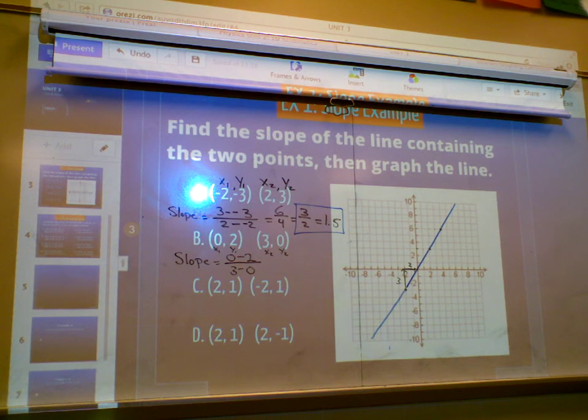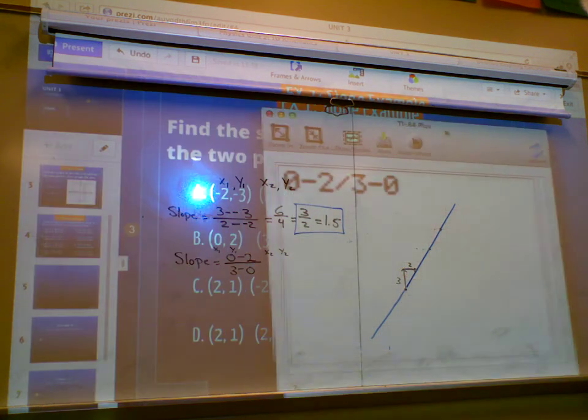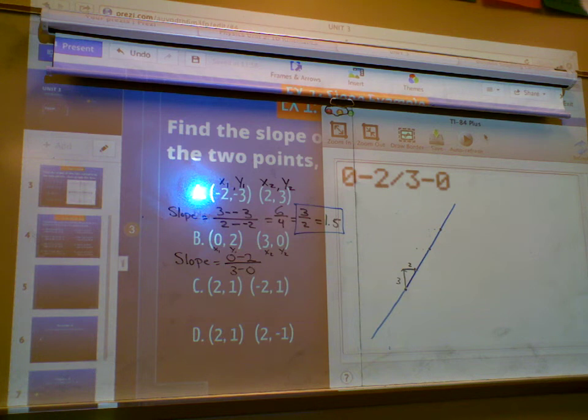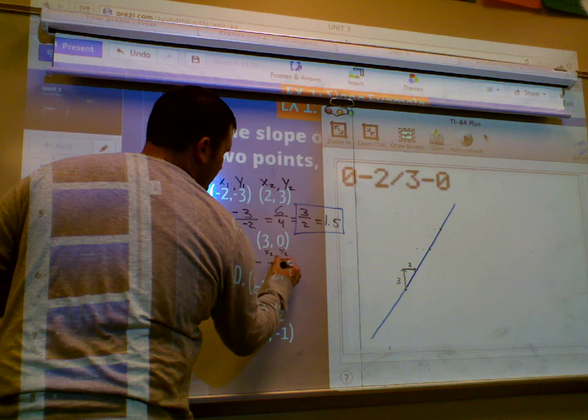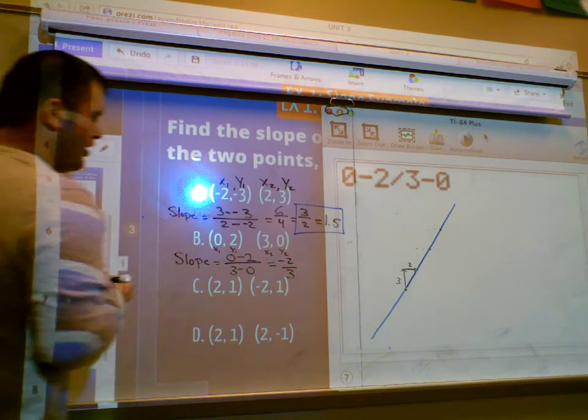Now, let's say I tried to do this on my calculator. So I plugged it in like this. Is this going to work? Yeah. You sure? Okay, what do we get? Negative 2 over 3. Does that reduce at all?